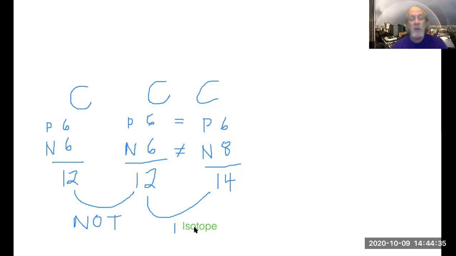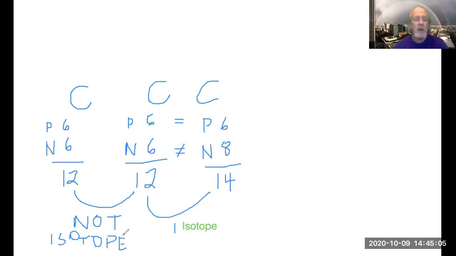So the definition of an isotope is same element, different numbers of neutrons, and so they have a different atomic mass. This over here is not an isotope pair, not an isotope. And the reason is that they both have the same mass because they both have the same number of neutrons and the same number of protons.